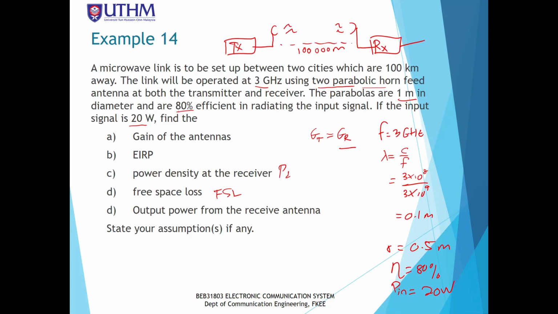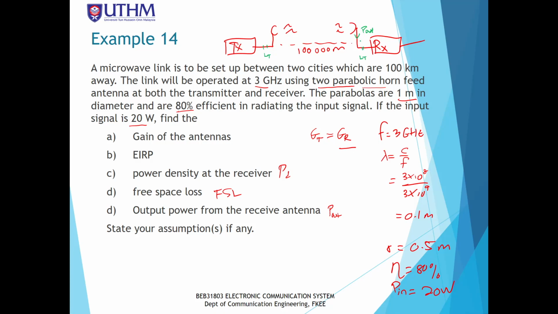Okay, and then the last question asks to find the output power from the receive antenna. So the question asks about P out. If you see from this question, there is no LT, there is no LR.